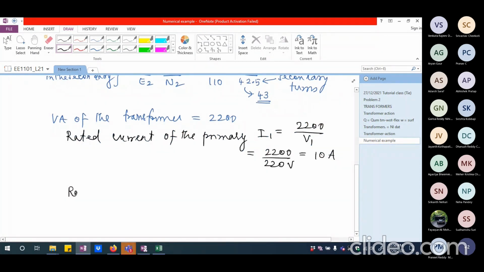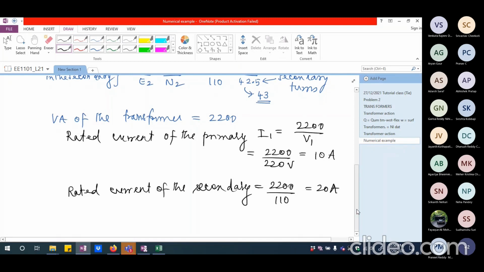So if I try to calculate the rated current of the secondary, I will have 2 times this value because the voltage is halved. So I'm going to have 2200 divided by 110, which is going to be 20 ampere. Right? So this is going to be the I2 value.